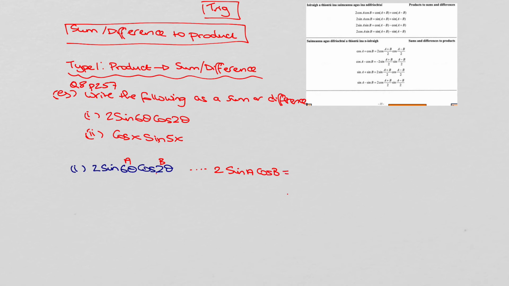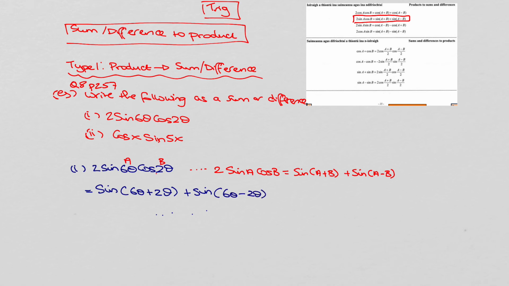If we go to the top of page 15, we can see 2 sine A cos B is the second one. That's going to be equal to sine of A plus B plus sine of A minus B. In other words, it's the sum of our two compound angles. So if we sub in our values, 2 sine 6 theta cos 2 theta can be written as sine of 6 theta plus 2 theta, plus sine of 6 theta minus 2 theta.